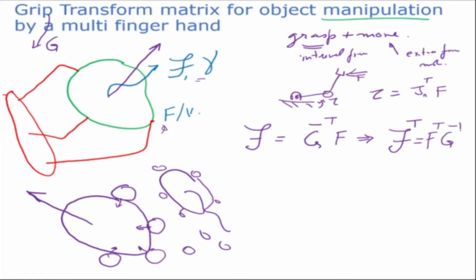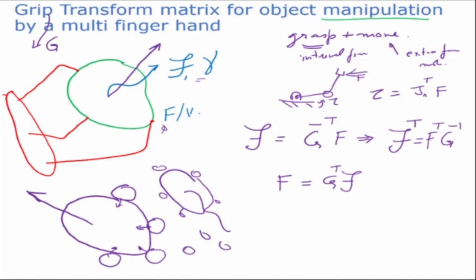Okay. So G is the grip transform which relates the fingertip forces to the forces the body is subjected to at its CG. Okay. Now from here, what we see is that F is equal to G transpose into small f, right?